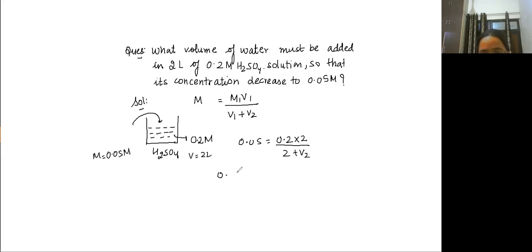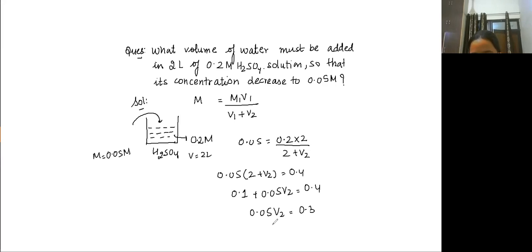So 0.05 into (2 plus V2) is equal to 0.4. So this is 0.1 plus 0.05 V2. So 0.05 V2 is equal to 0.3. So V2 is equal to 0.3 divided by 0.05. Solve this, you will get 30 by 5, and it will be 6.